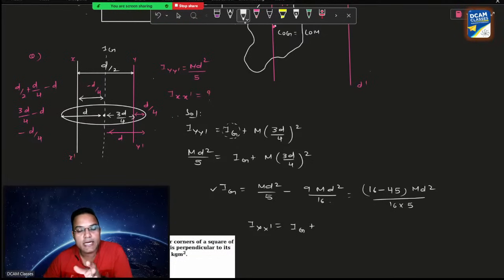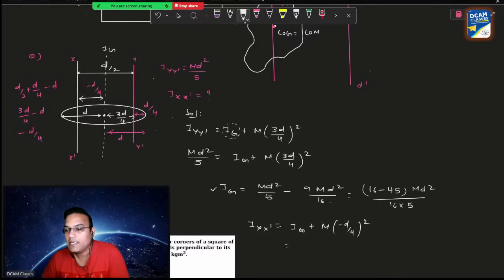Don't worry about this negative and these signs. Just try to understand the concept. I have found out the Ig, then Ixx dash will be equal to Ig plus m into minus d by 4 whole square. That's all.